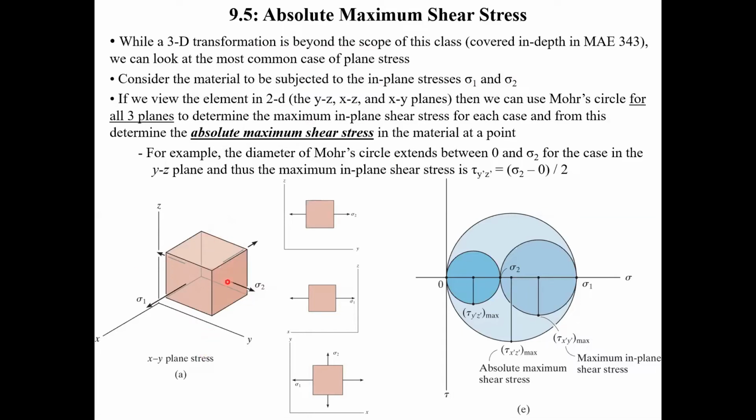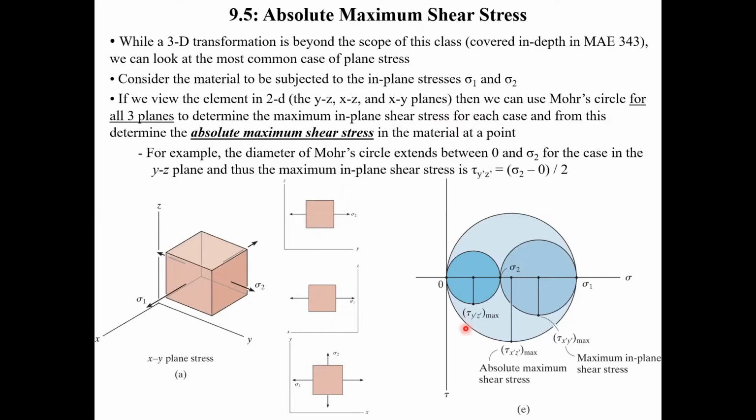We can view this 3D element in 2D, so in the YZ, XZ, and XY planes. And then we can use Mohr's circle for all three of the planes to determine the maximum in-plane shear stress for each case. And then from this, determine the absolute maximum shear stress in the material at a given point.